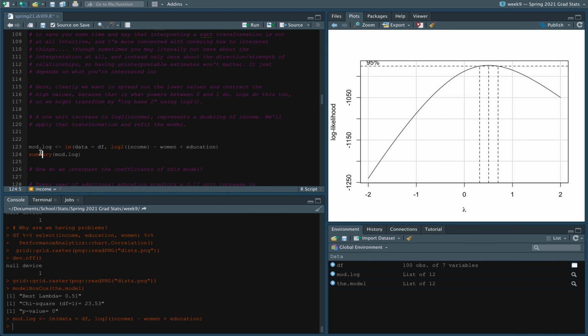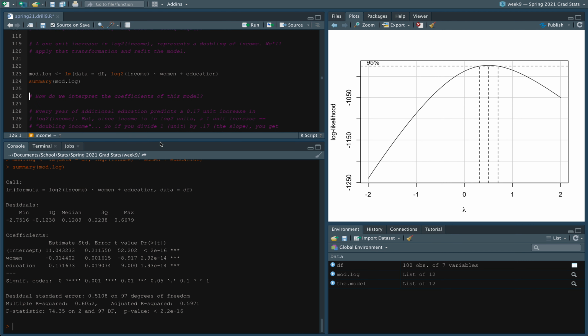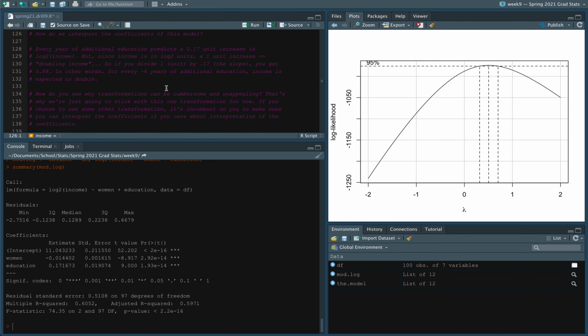So now when we look at our log transformed model, how do we interpret this? Well, this tells us our predicted log2 income for 0 women and 0 education.